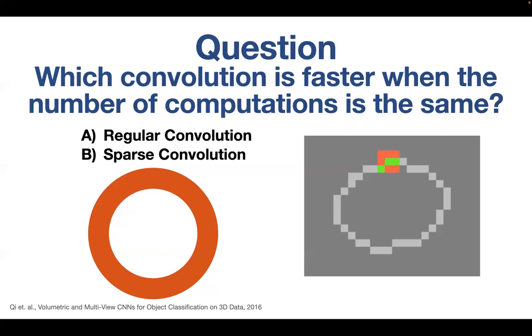However, we sacrifice the running time of the whole method. So if you ever use sparse convolutions in your methods, you should know that it's going to be slower than using regular convolution, even though we win by a lot using sparse convolutions and sparsity.